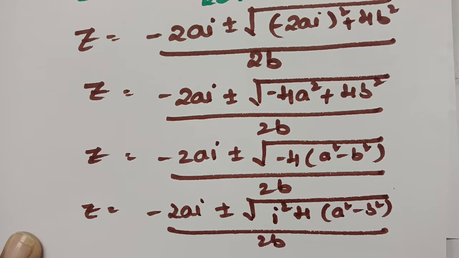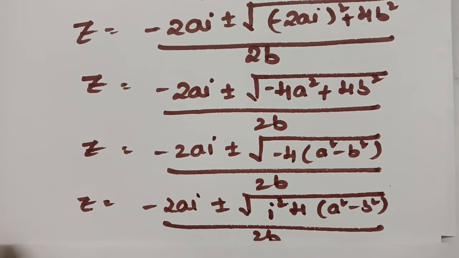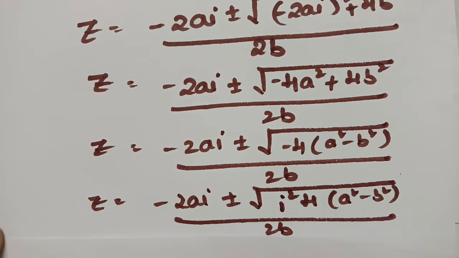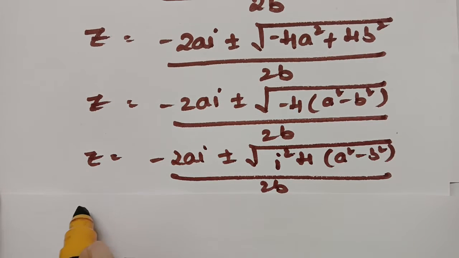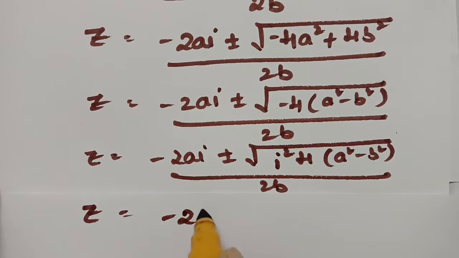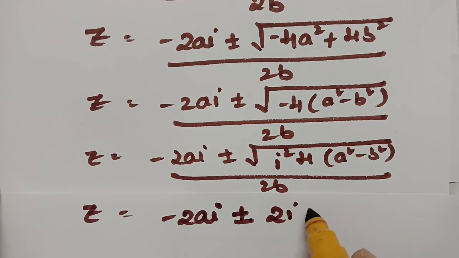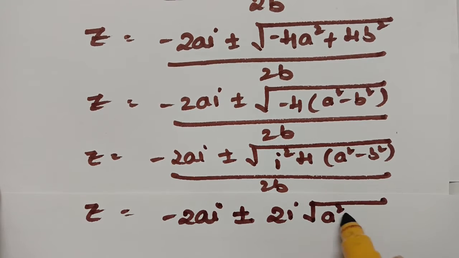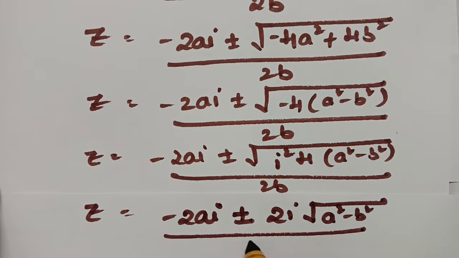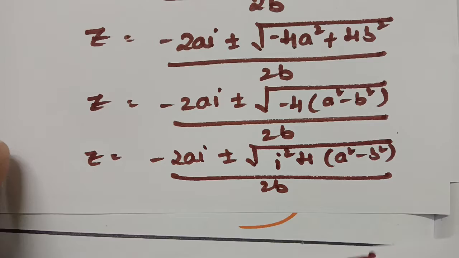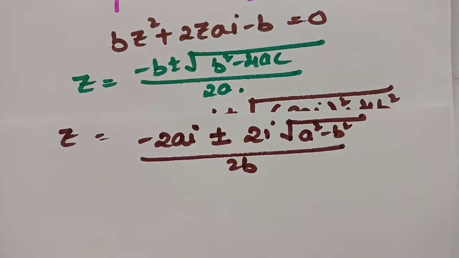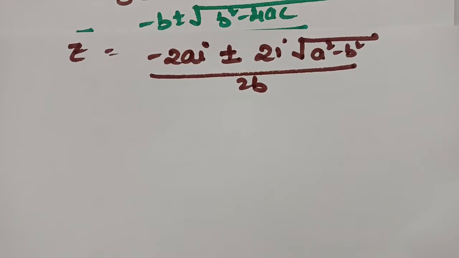And from the root if I take out 4, what will happen? It gives 2. So our z value is equal to −2ai ± 2i√(a² − b²) by 2b.